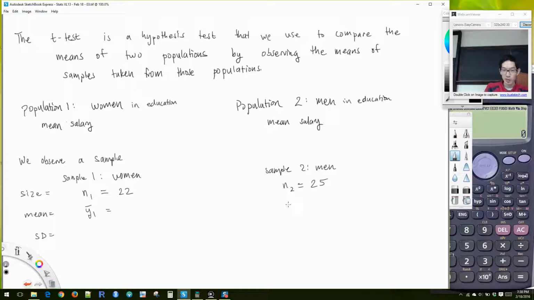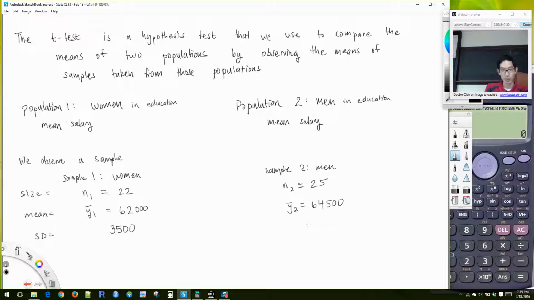Okay. So I don't know. I'm going to make up a number here, 62,000, and we will say 64,500, and the standard deviation will be 3,500, and the standard deviation here will be 4,200.